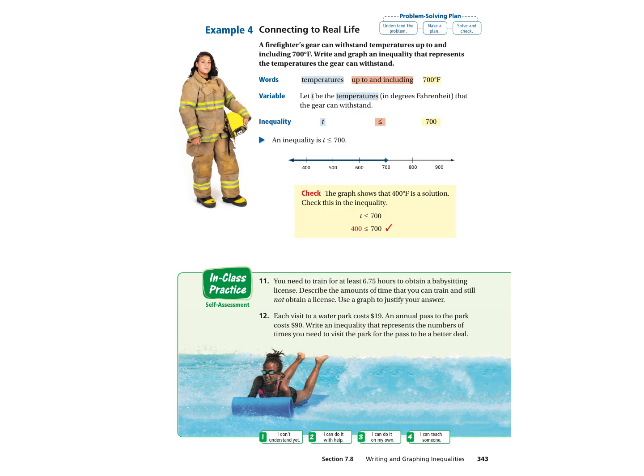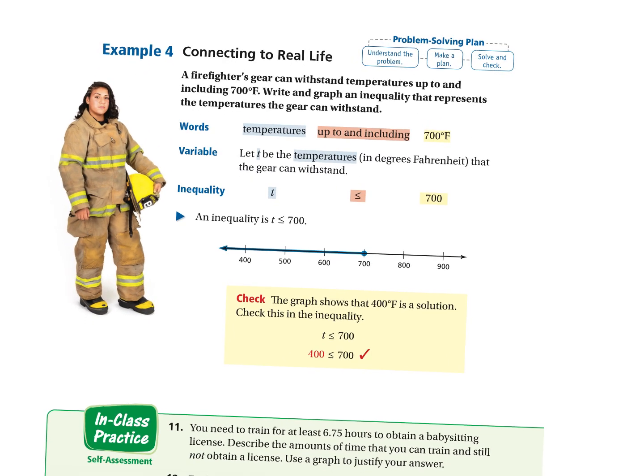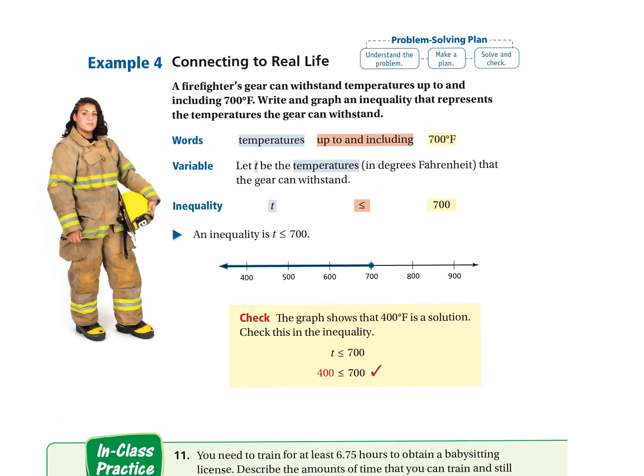Okay, moving right along. Example 4 is connecting what we're doing right now to real life. So it says a firefighter's gear can withstand temperatures up to and including 700 degrees. So that's the maximum. It can obviously withstand anything less than that, but it can include 700 degrees. So we're going to write and graph an inequality that represents the temperatures that the gear can withstand.